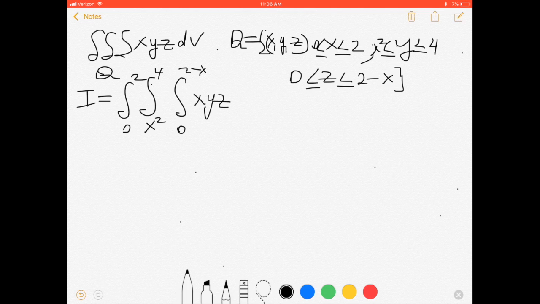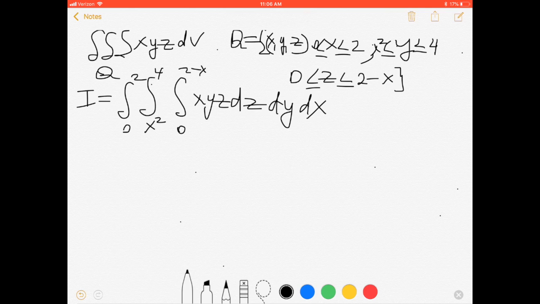Here as the function we can write any order, but for the integral, inside it's dz, in the middle it's dy, and outside is dx.